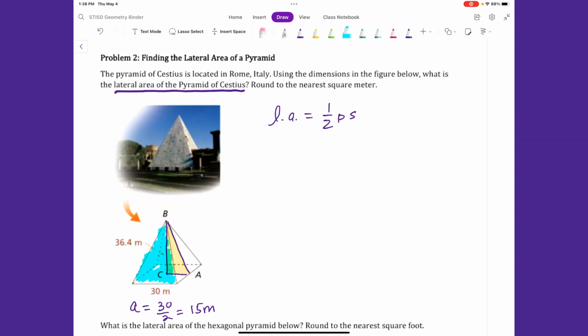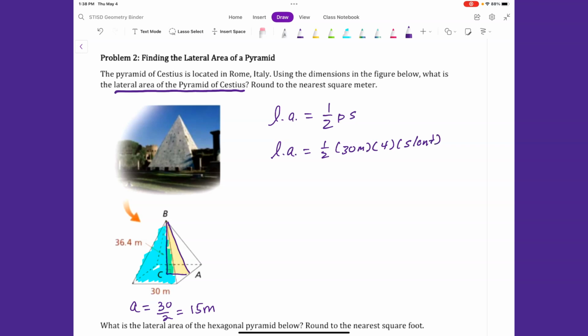The formula is 1/2 P, where P is the perimeter of the base, times the slant height. So the lateral area equals 1/2, we have 30 meters for one side, and since we have 4, you multiply times 4, times the slant height.